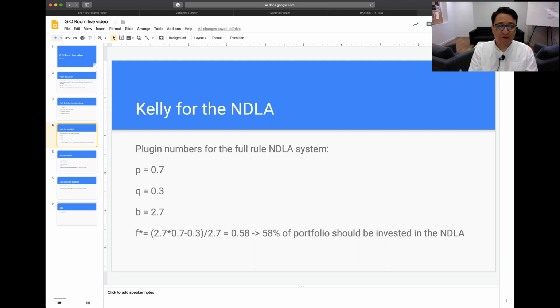I do many more things. The NDLA is just a fraction of my total portfolio. So my first recommendation is please don't stake your fortune on the NDLA. Don't play your retirement money on this thing, and also don't play 50% of it on it. So that's kind of my recommendation about this.